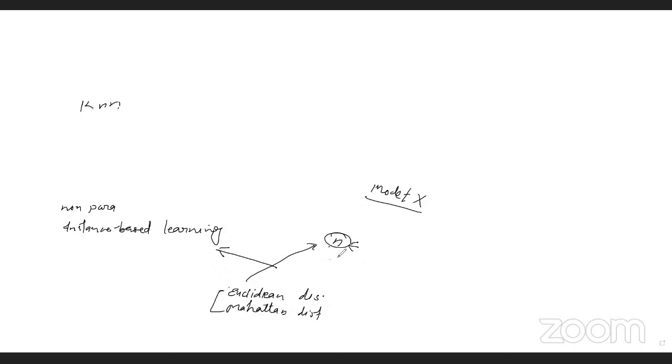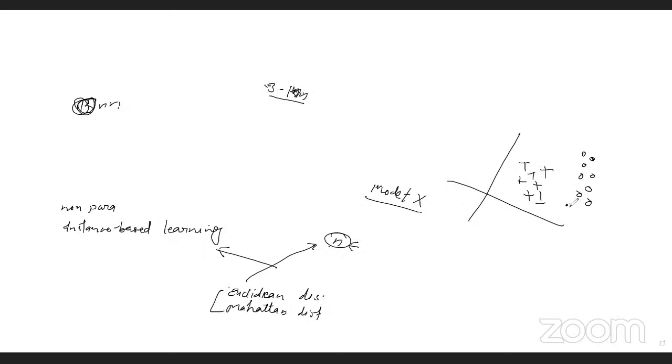We check the k nearest neighbors for that example. Let's say you have these points coming from class 0, and these are coming from class 1. Any new example comes in, let's say this is your new example, so it checks the neighborhood. You check the Euclidean distance from all these data points. Now I'm designing 3NN, so I will check 3 neighbors.